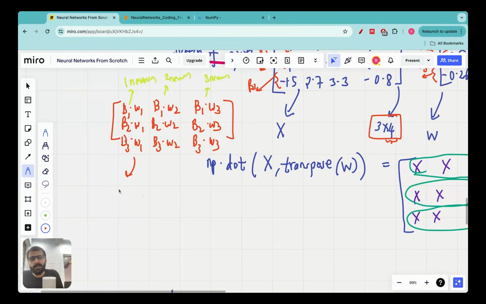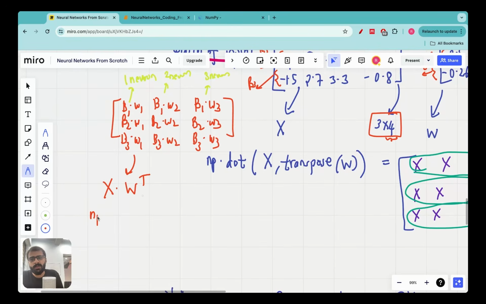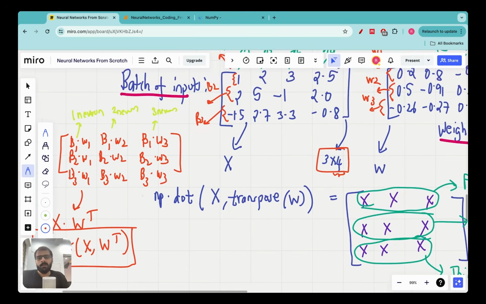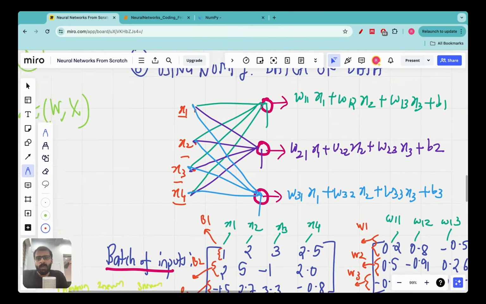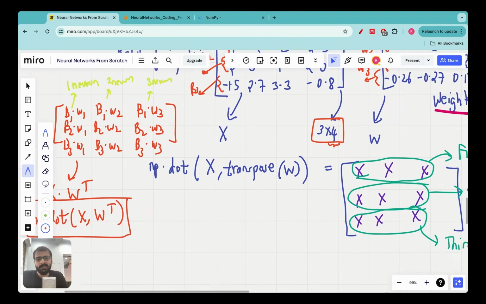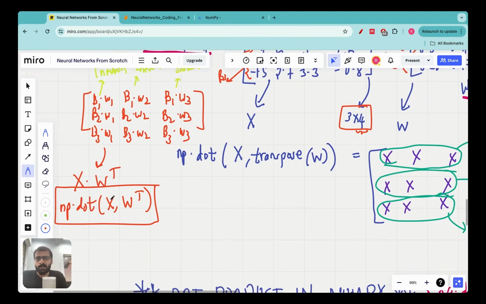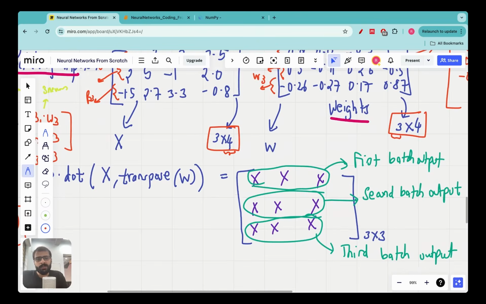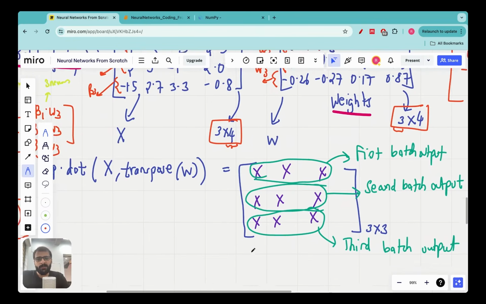So what we want right now is just the dot product between X and W transpose, or np.dot X and weight transpose. That's it. So even if you have a batch of data coming into a layer, you can represent it very nicely in the dot product format. So I have written it here again for reference.